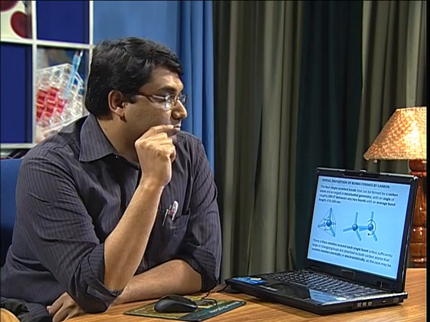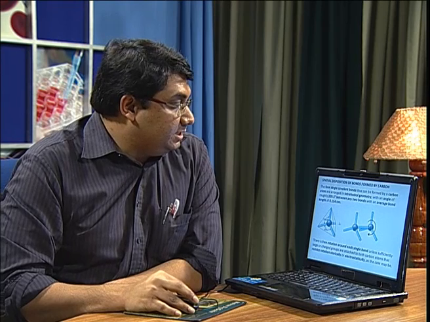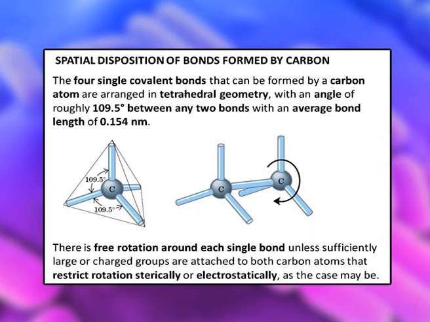Now, the 4 single covalent bonds that can be formed by carbon atoms are usually arranged in this tetrahedral geometry, where the angle between each bond is roughly 109.5 degrees and the average bond distance is about 0.154 nanometer.